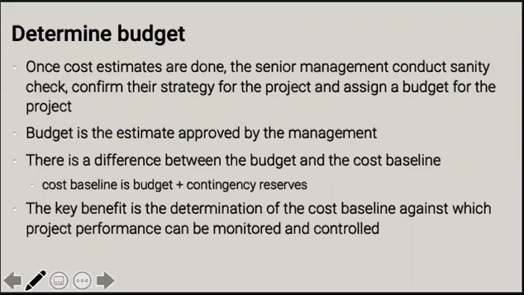Once we add the contingency reserves and the management reserves, we're going to have the total project budget. So the cost baseline doesn't include the management reserve. It just includes the costs of the activities and the contingency reserves. The management reserve is extra. It's included in the budget, but it's not a part of the cost baseline.